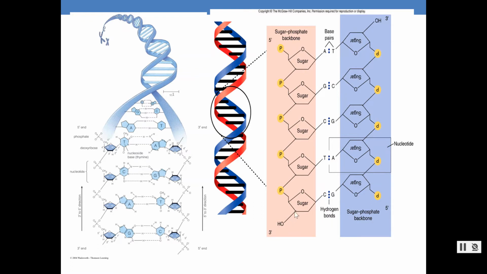Okay, so 5' to 3', but DNA is a double helix, right? I've got two of these put together, linked by these nitrogenous bases, and those bases are linked by hydrogen bonds. So my first one here is an adenine, and it's got an A, and we know that adenine is going to base pair with thymine.